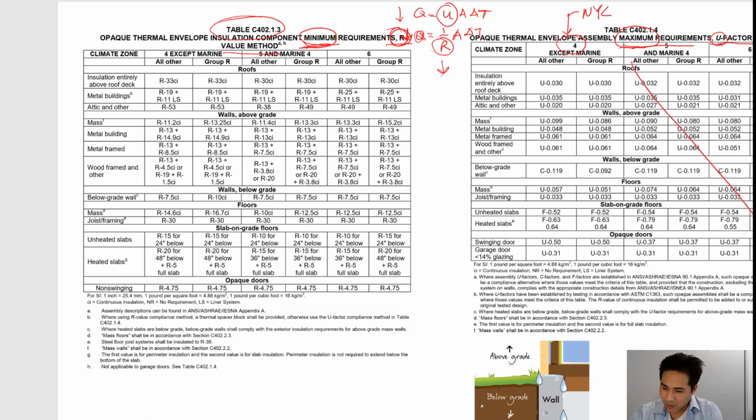So all this we don't really need to consider for New York City. This column is all other spaces. This is group R, meaning residential group. And in our example, we're talking about a residential building, so we're going to use this column here.